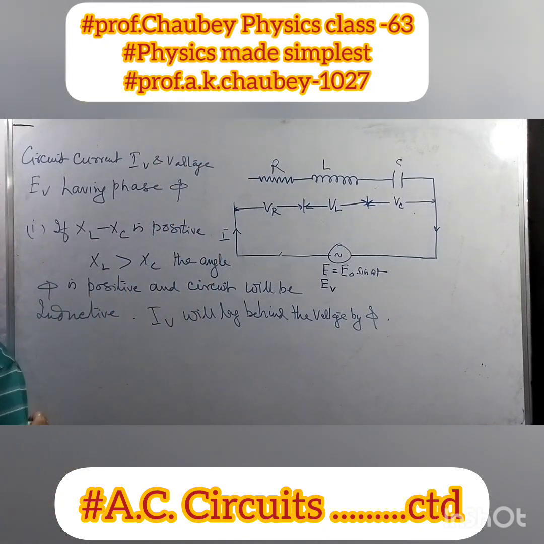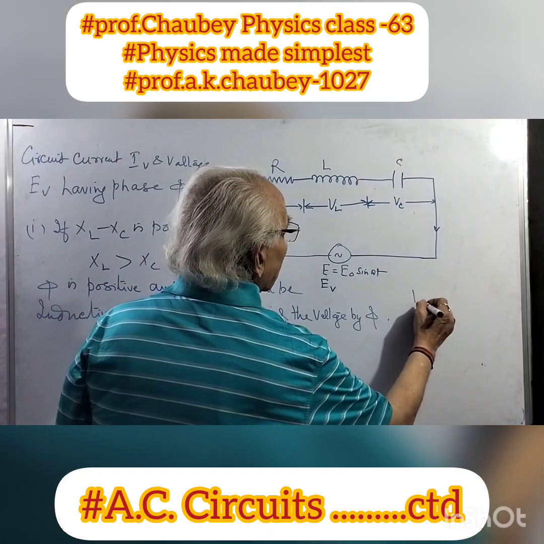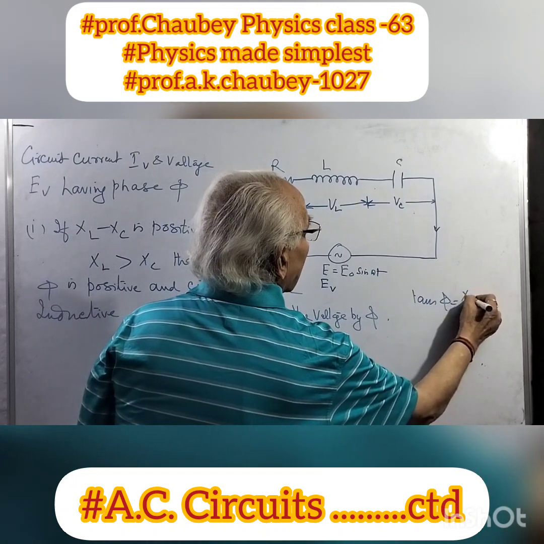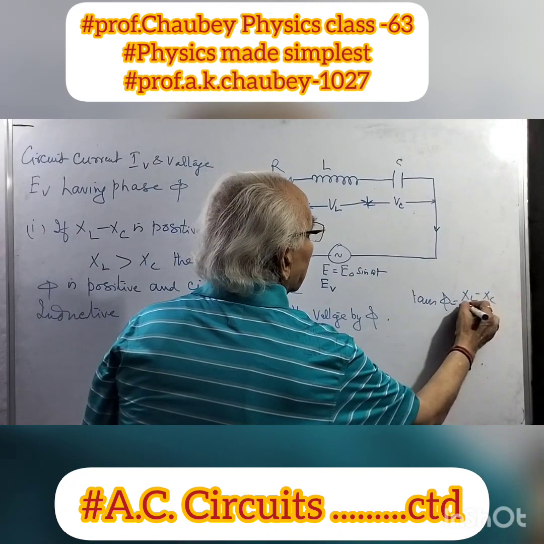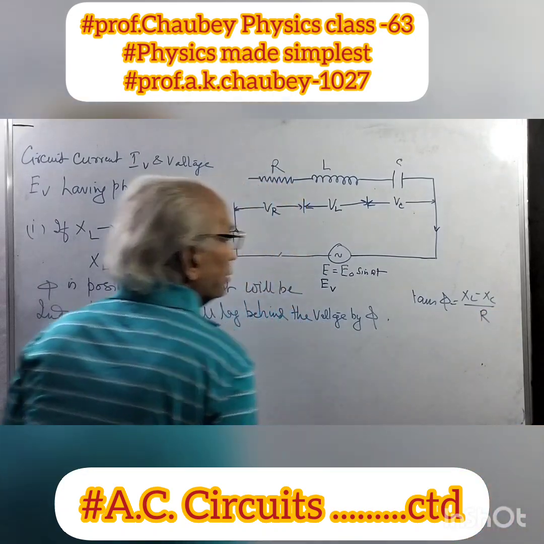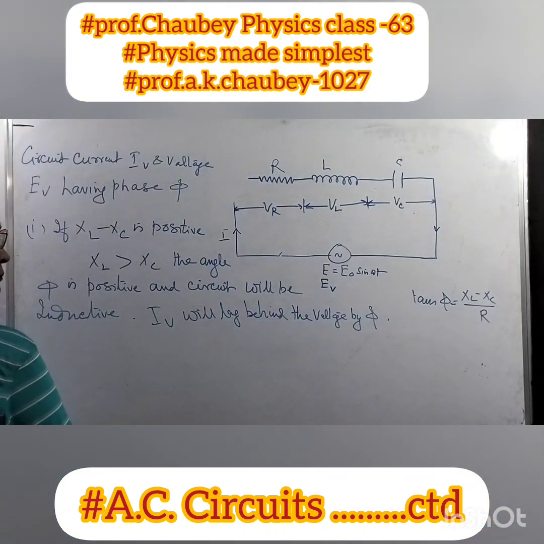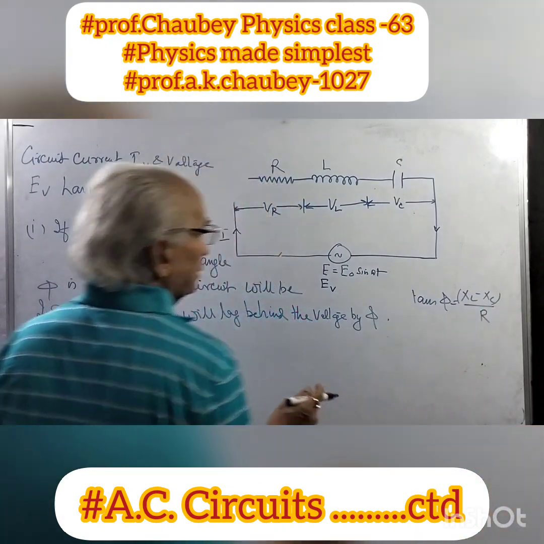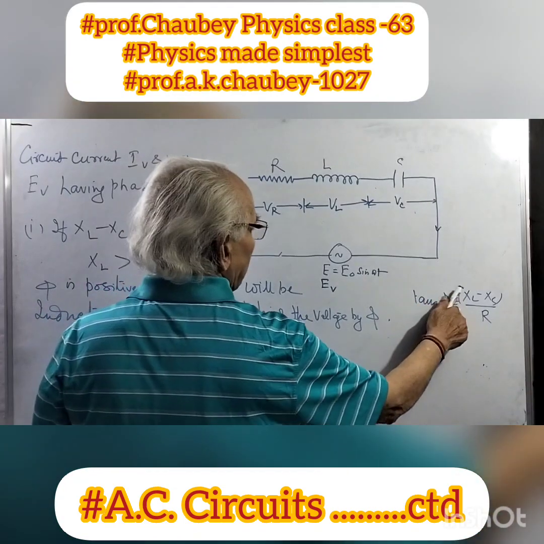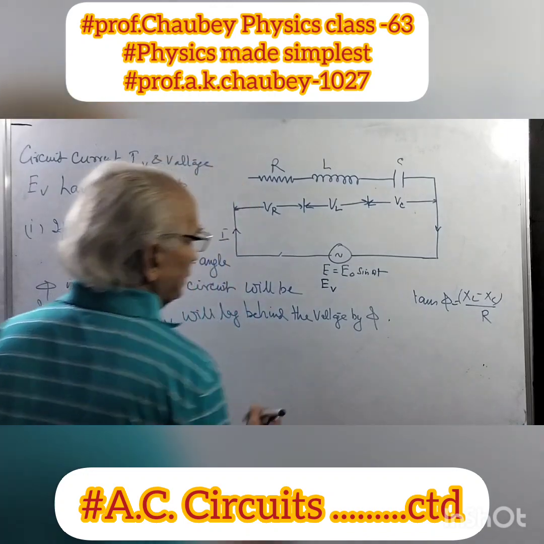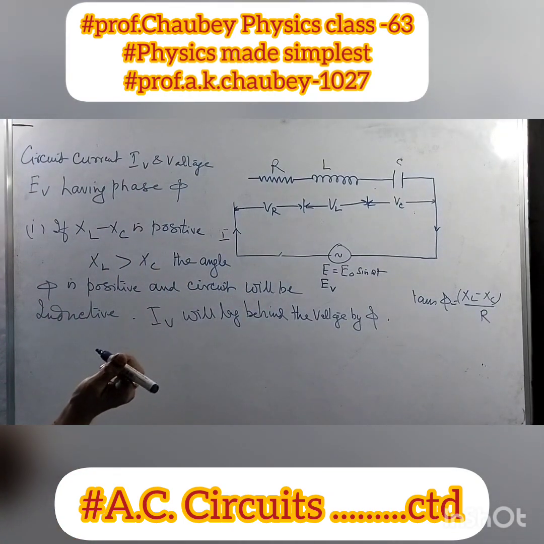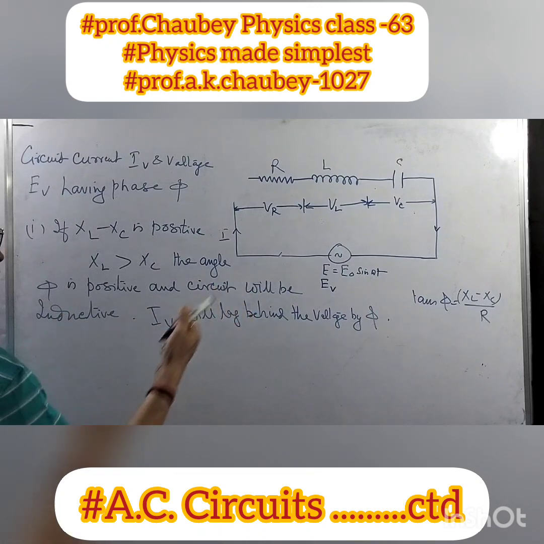Tangent phi is XL minus XC divided by R. This is tangent phi, because voltage is simply IV into this, IV into this. So that is the voltage ratio, or you can use the impedance triangle. So tangent phi is given by this.